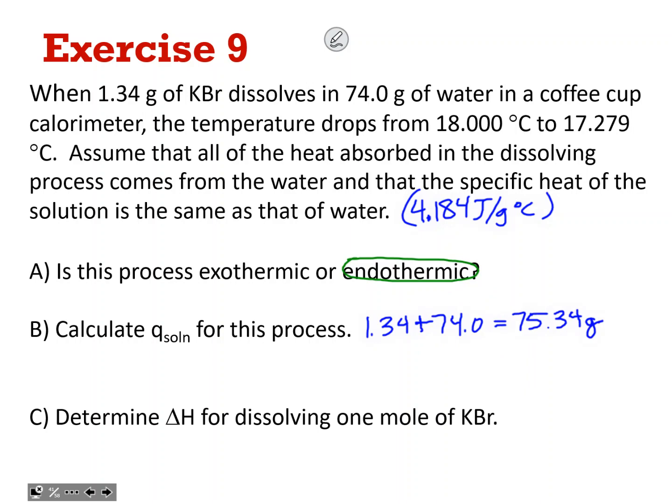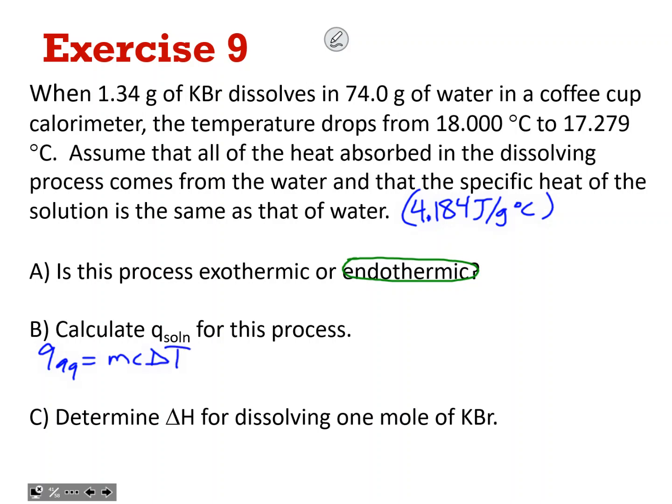Now, you don't have to do this as a separate step, but this is what I would do with these problems. I learned this last year from one of my students who liked to put things together so that everything moved a little bit faster. So let me show you this. q_aq = mcΔT, right? That's what we're using as our formula.